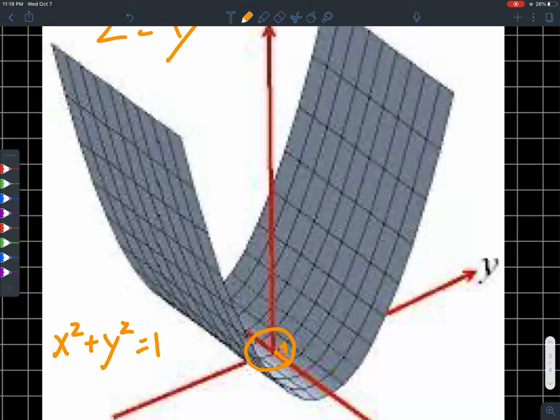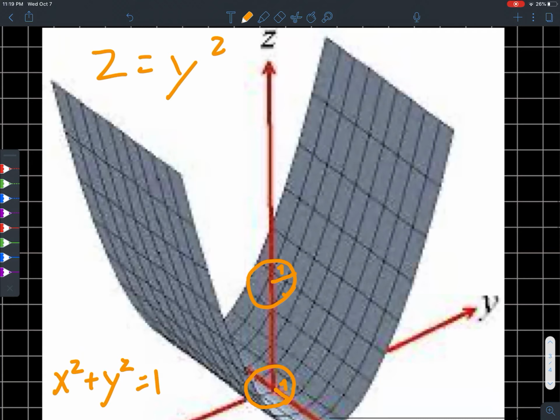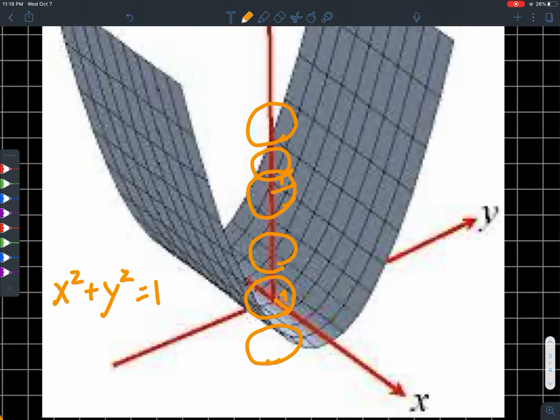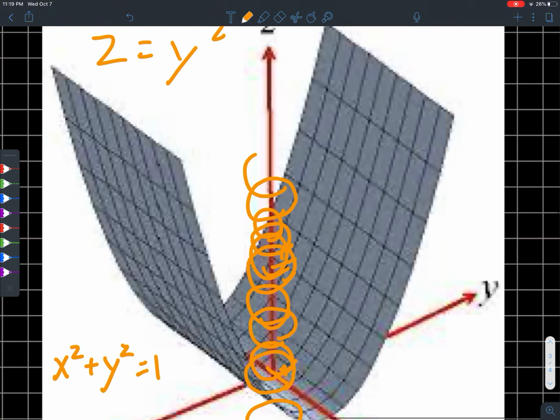But we also know that's true for this circle of radius 1, and this circle of radius 1, and all the circles in between, and all the circles going to infinity and beyond.